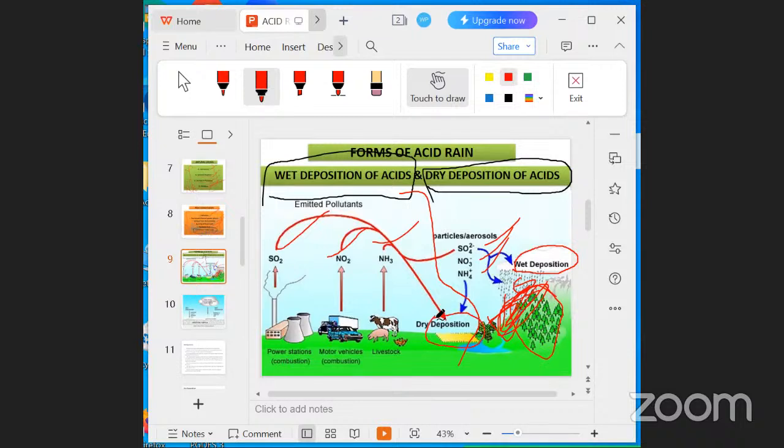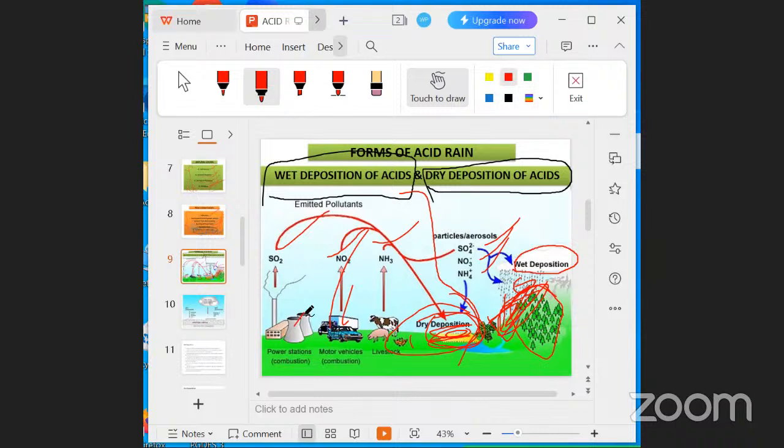So what are the effects of dry deposition of acids? The fallen acid particles get stuck to the ground here, okay? And other surfaces such as cars, houses, trees and buildings, right?